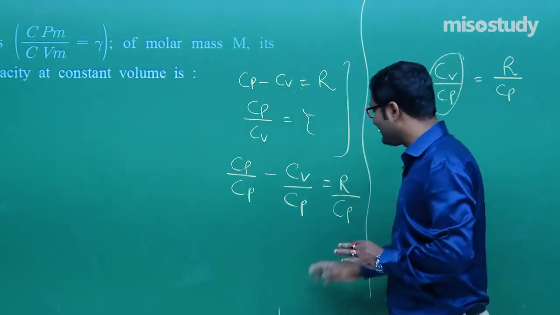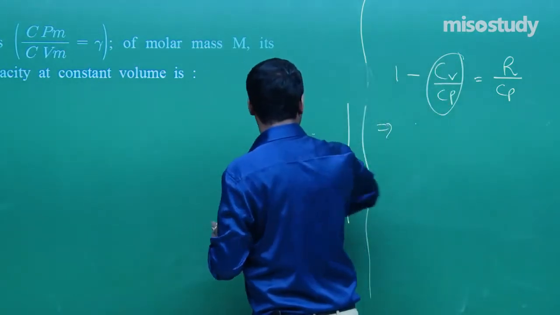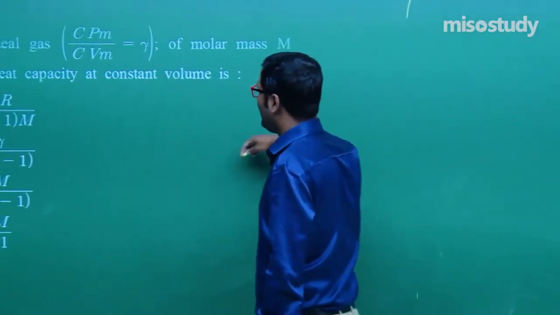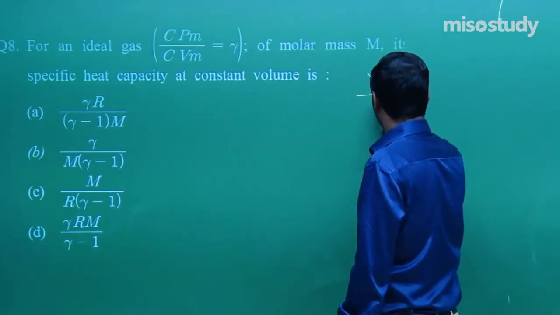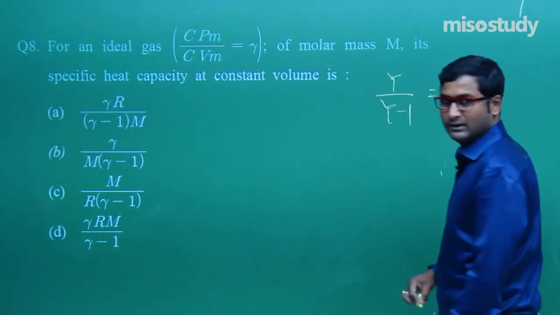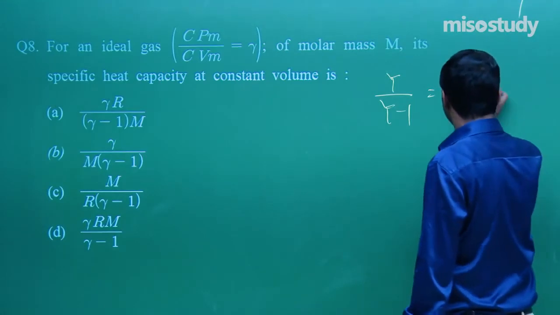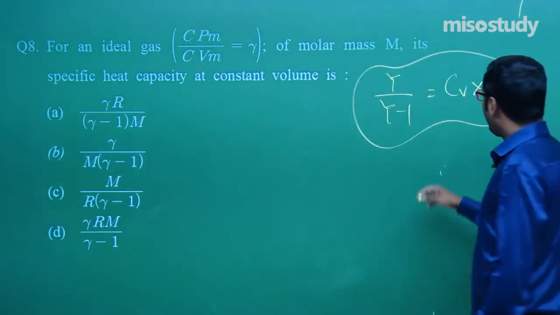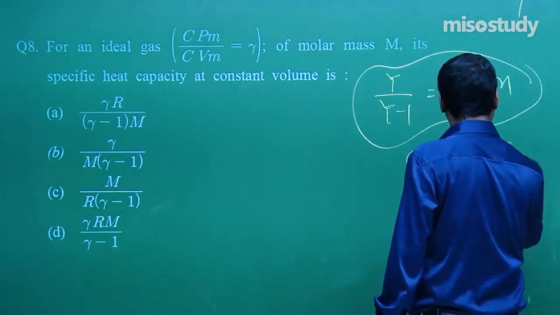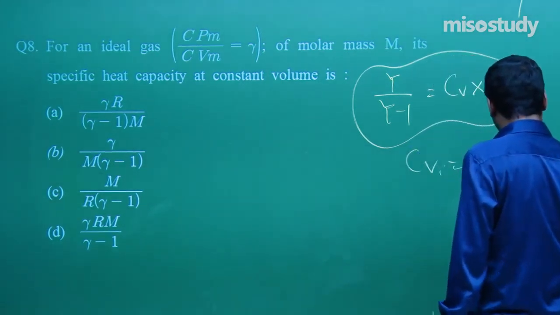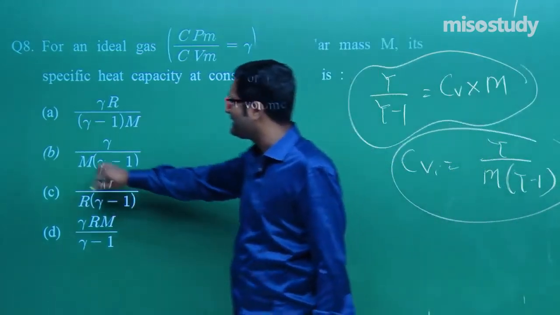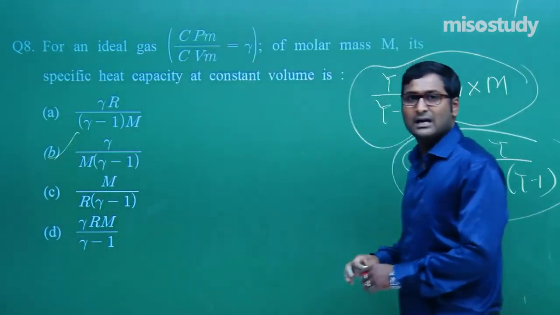The direct relation is that Cp upon Cv gives gamma upon gamma minus 1, which is the final relation, and the answer in this case is gamma upon m into (gamma minus 1).